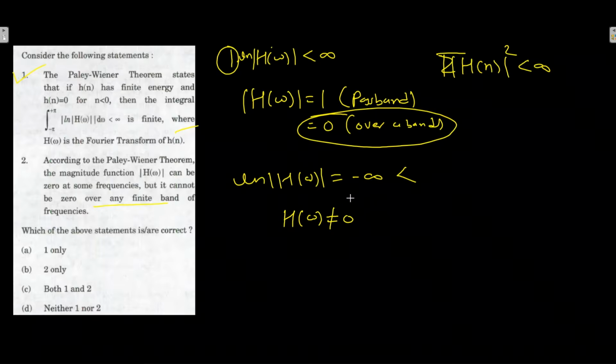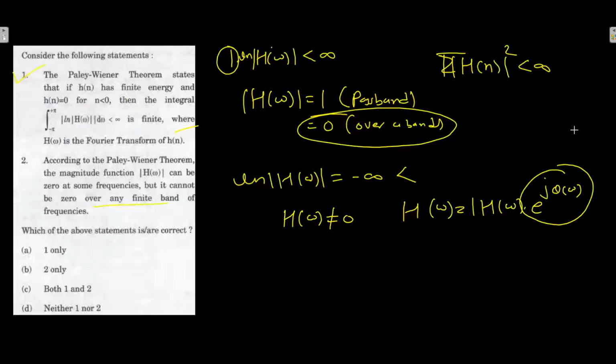So if these two conditions are satisfied, then we can choose the phase. H of omega is equal to the magnitude of H of omega times e raised to j theta of omega. We can choose this phase, and because of this choice the resulting system will become causal.